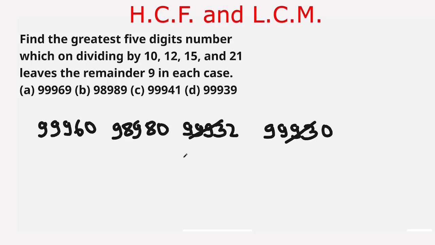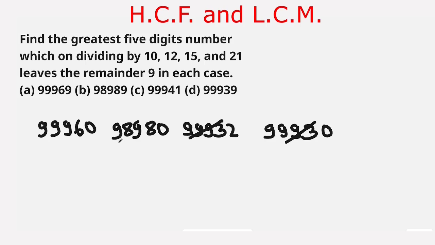Now we will take the sum of the digits to find the divisibility by 3. 9 plus 9 plus 9 is 27. Plus 6 is 33. This is divisible by 3. So option A might be our answer.